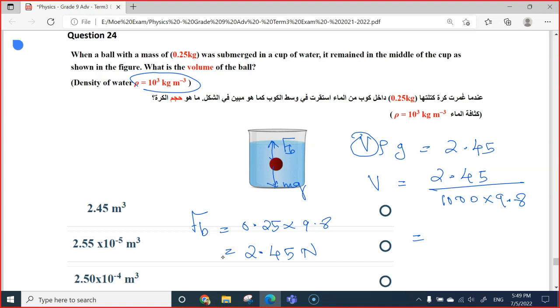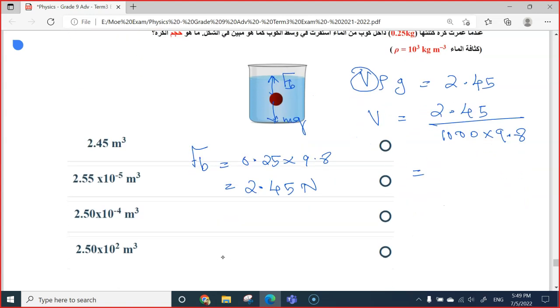So the volume of the ball is 2.45 divided by 9.8 multiplied by 1000. I will change this into standard form: 2.5 times 10 to the power negative 4 meter cube.